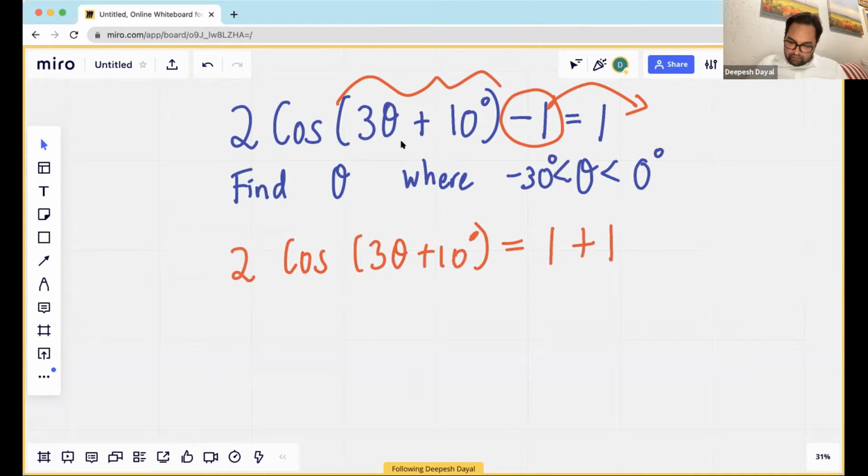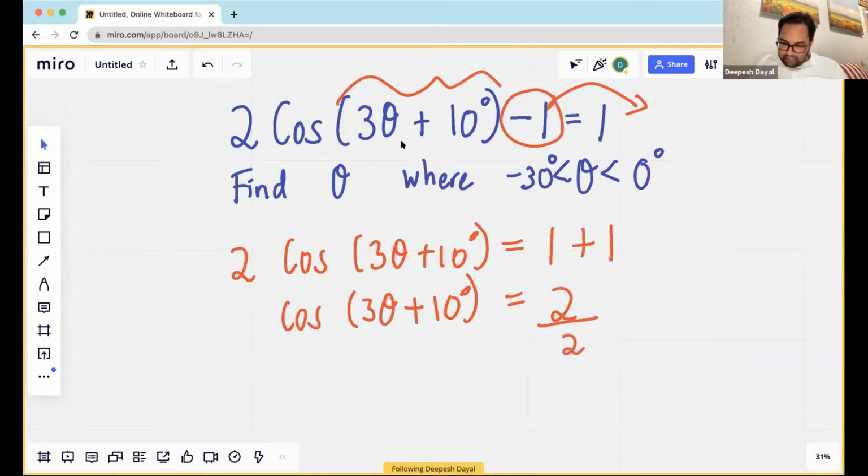Because when you take it over, the sign changes and it becomes positive. And then we take this 2 over and it will become divide by 2.